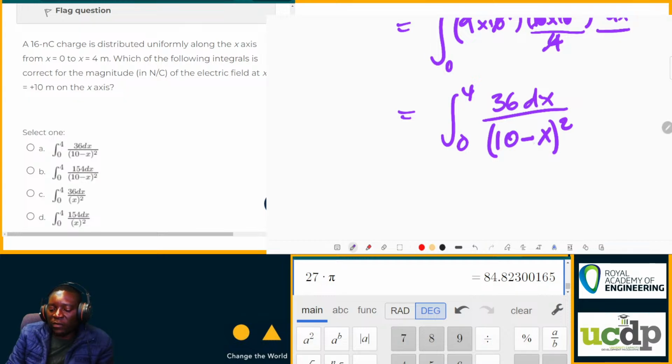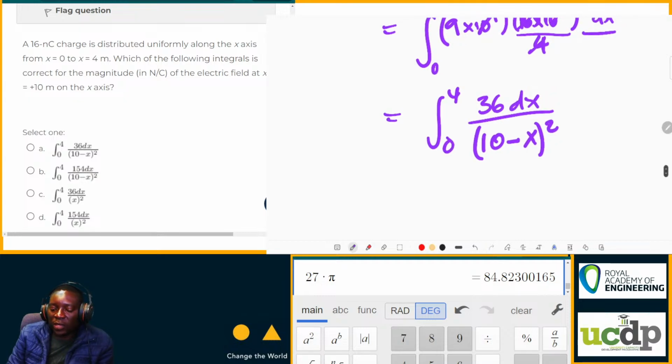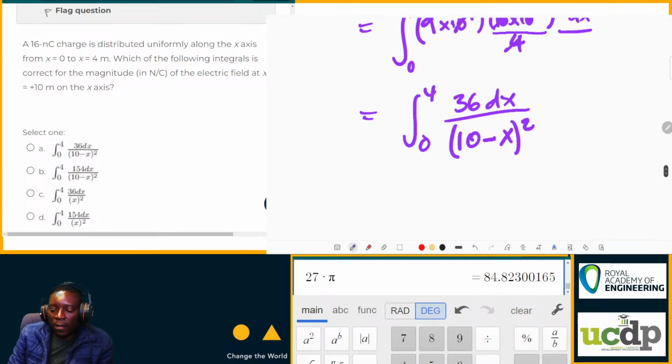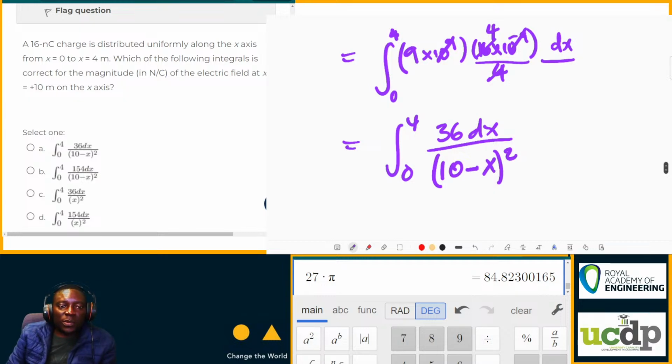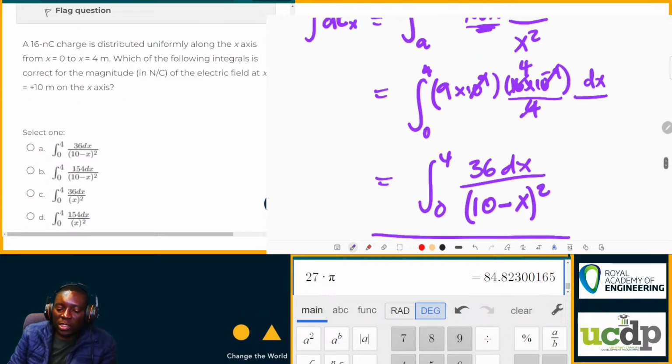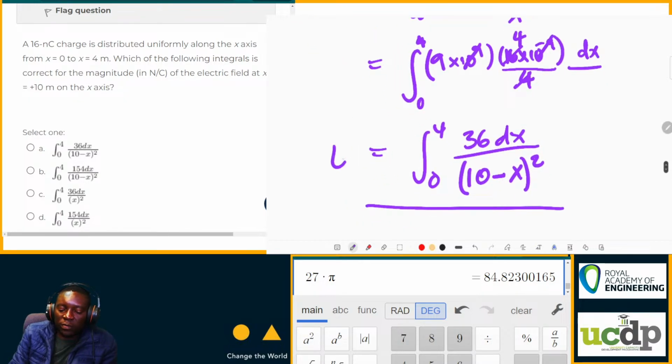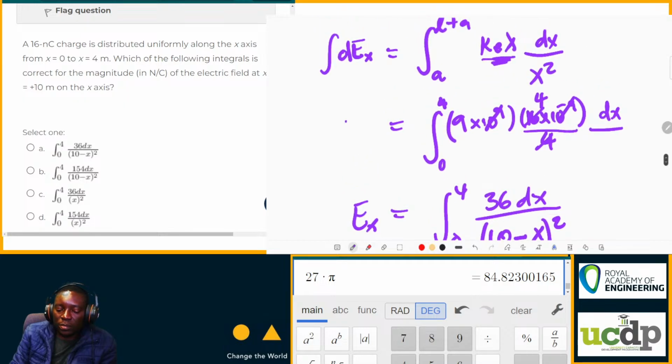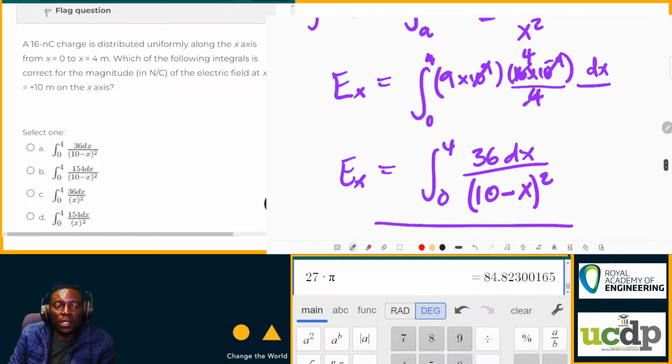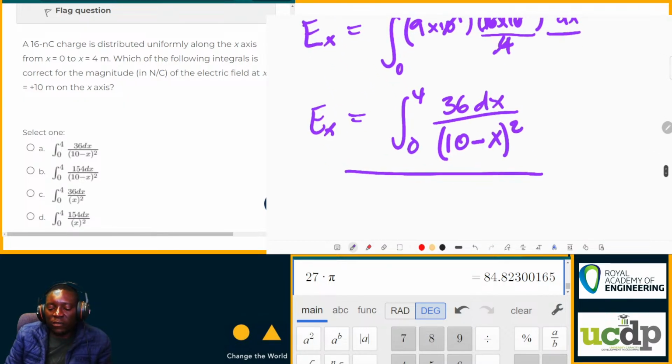So 10 minus whatever x is contributing to the field is going to be integrated to give us that distance squared. I've already done that to give the expression for this integral. So the integral of dEx is only Ex, the electric field expressed in integral form for a measurement at a point on the x-axis, which is 10 meters.